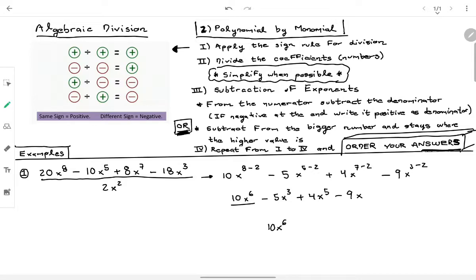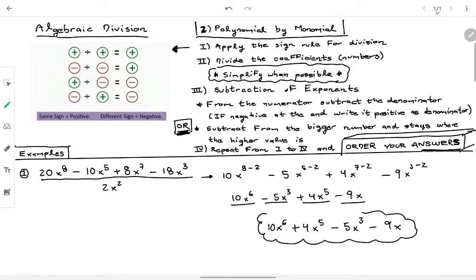Then we continue with x to the 5, then with x cubed, and finally with x. So this is going to be our final and ordered answer.